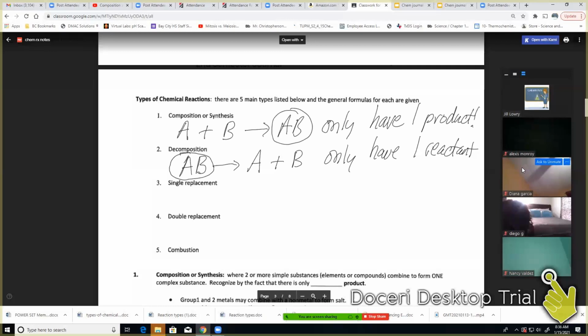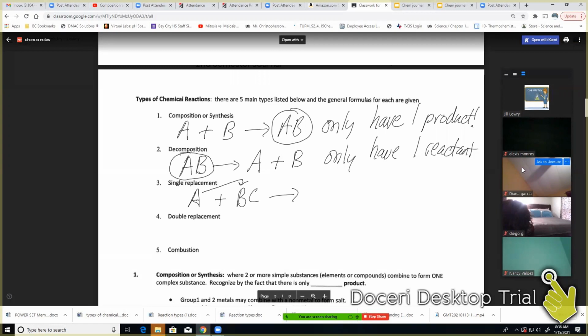A single replacement reaction is when you have a single element plus a compound, and that single element is going to come and kick something off that compound.